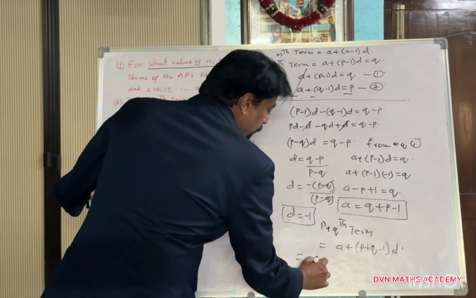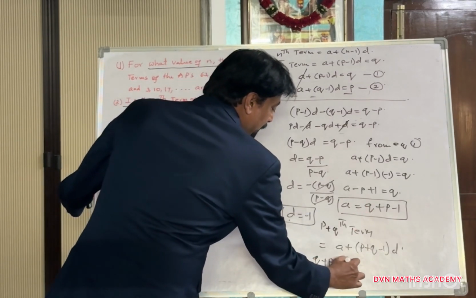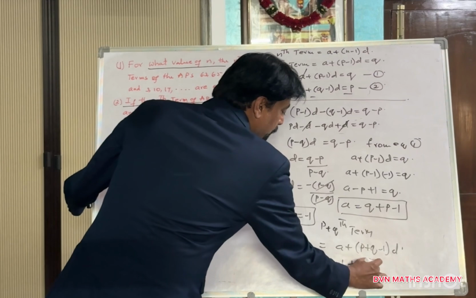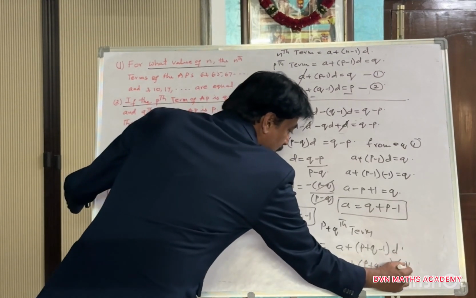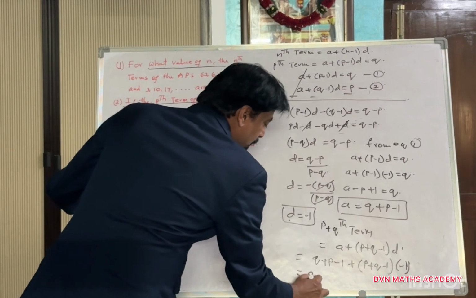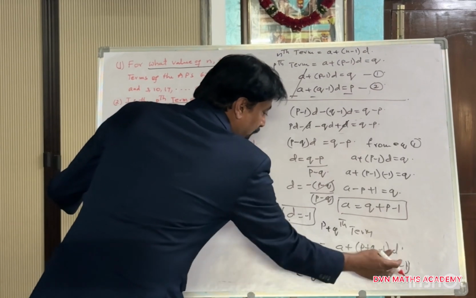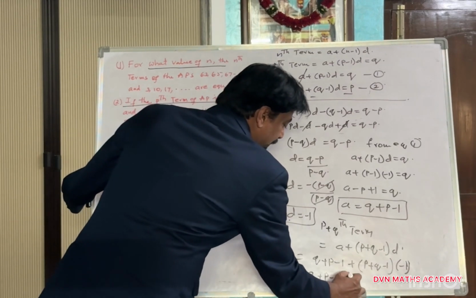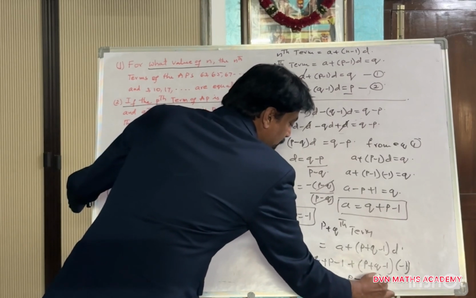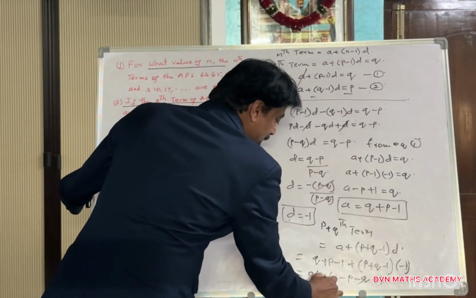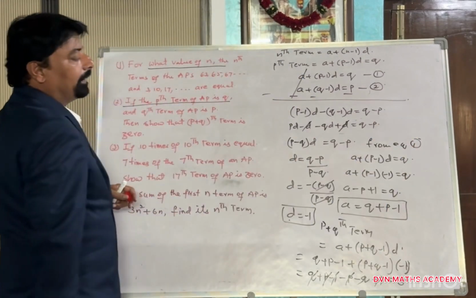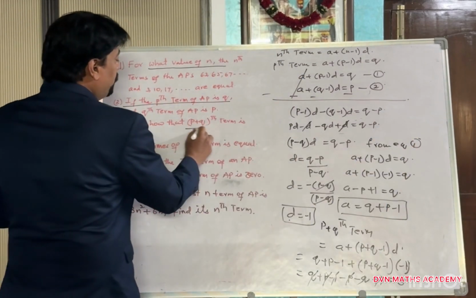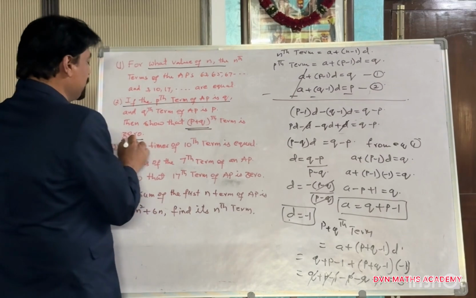A is q plus p minus 1, plus p plus q minus 1, and D is minus 1. Now this is q plus p minus 1. If I multiply with minus 1, it is minus p minus q plus 1. Now this will be cancelled and the answer is 0. Therefore, I got the p plus qth term value as 0.